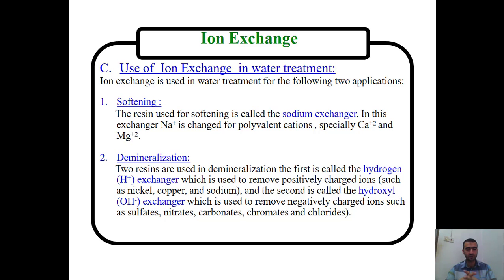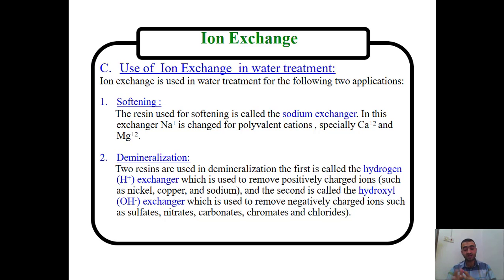This is used to remove positively charged ions such as nickel, copper, and sodium. This is to demineralize, which means to capture all the minerals and heavy metals in the water to be able to use it safely as drinking water.